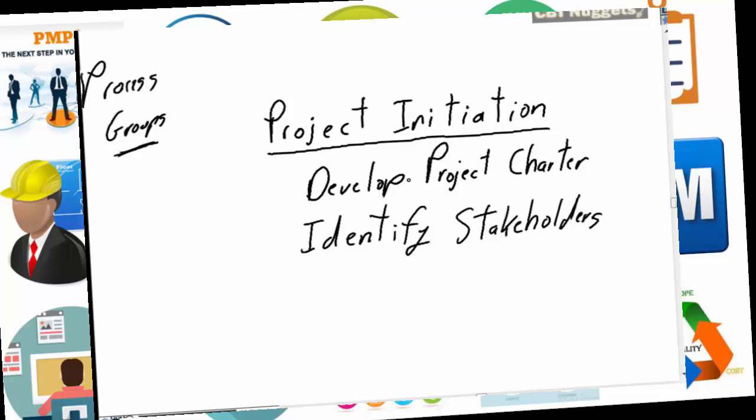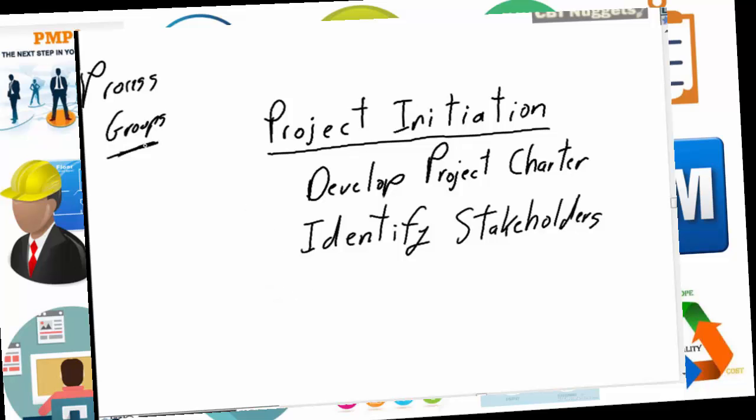So if we were in a construction project, as we move from design into the build, we would go through project initiation. As we go through from build into acceptance, we would go through another project initiation. And similar with the other process groups, planning is a continuous process. We don't just do planning once in a project, we do planning perpetually as we deal with changes.